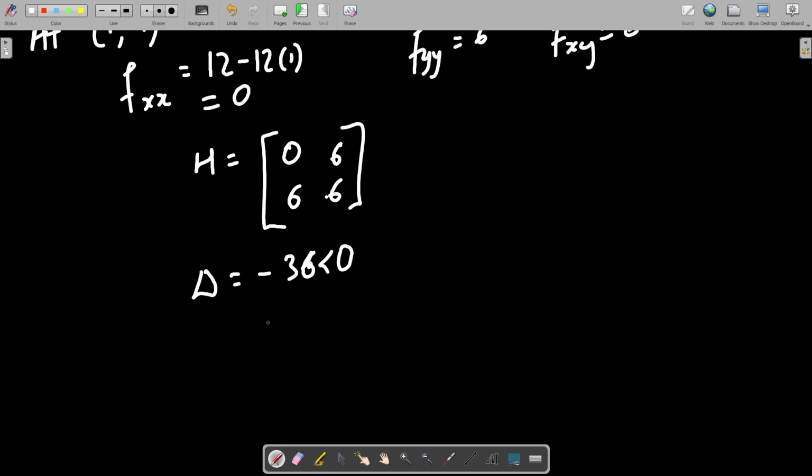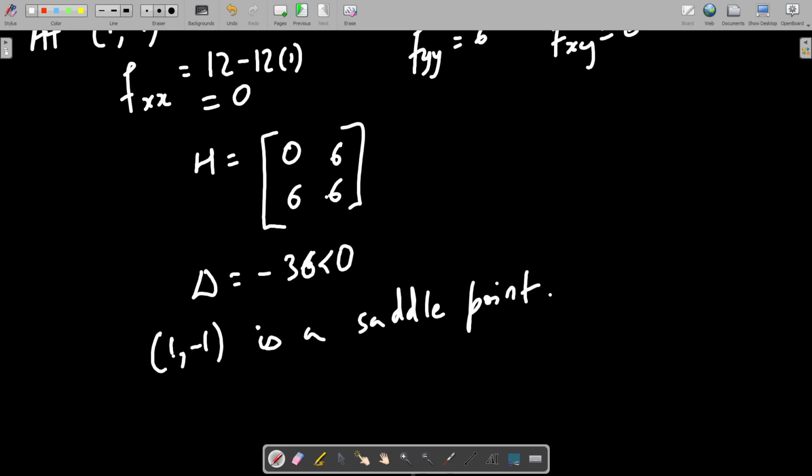Okay, so this second order principal minor is not positive, then we say it's going to be a saddle point. Okay, this is a saddle point. So this is done. Let's try out one more example.